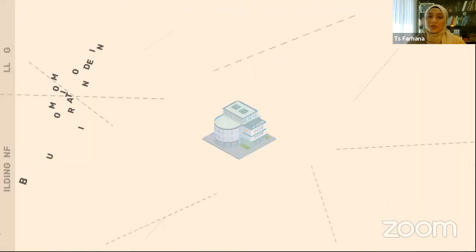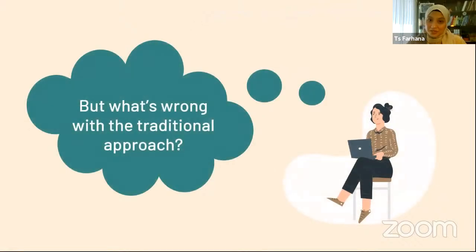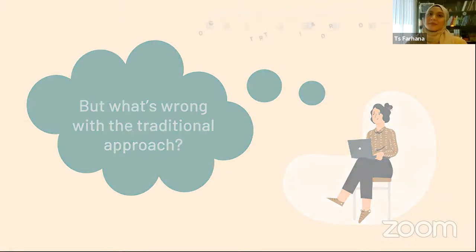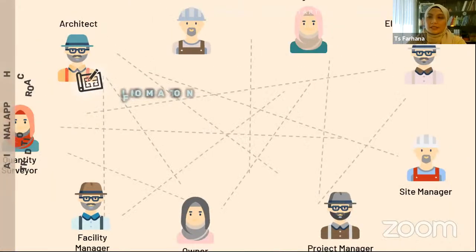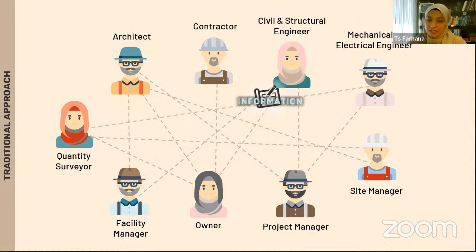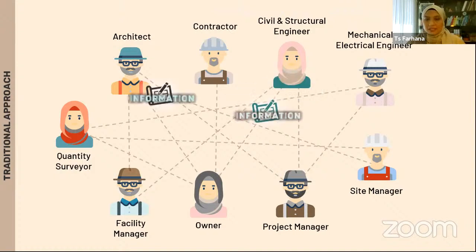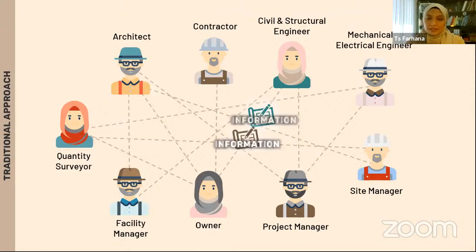So what's wrong with the traditional approach? You might ask, it's a new thing, but what's wrong with using just AutoCAD? In AutoCAD, the information is produced by the architect and then given to the engineer, for example. Then they produce another set of information. This is like I explained just now, and then there's multiple information.